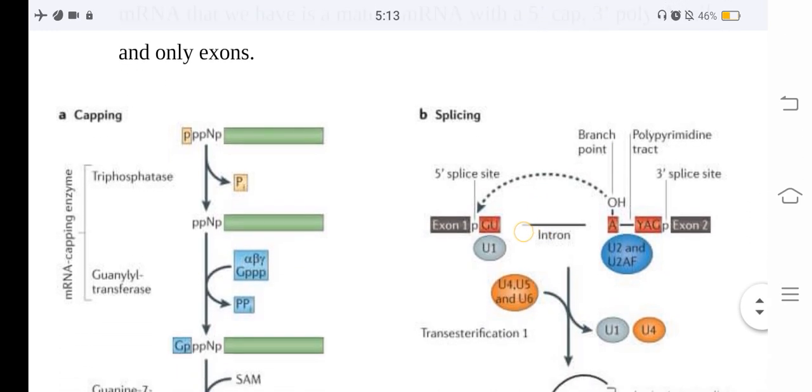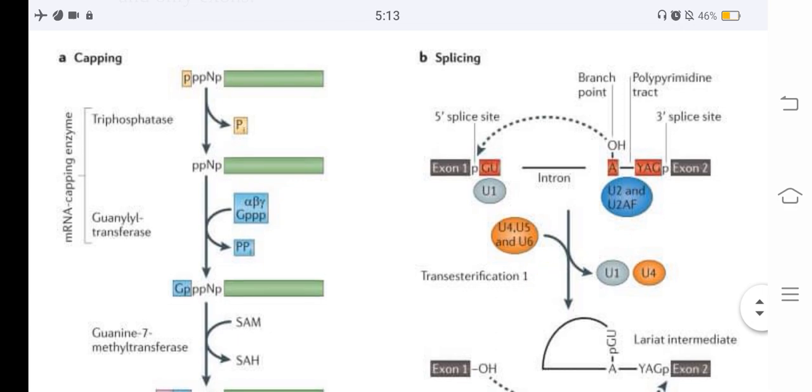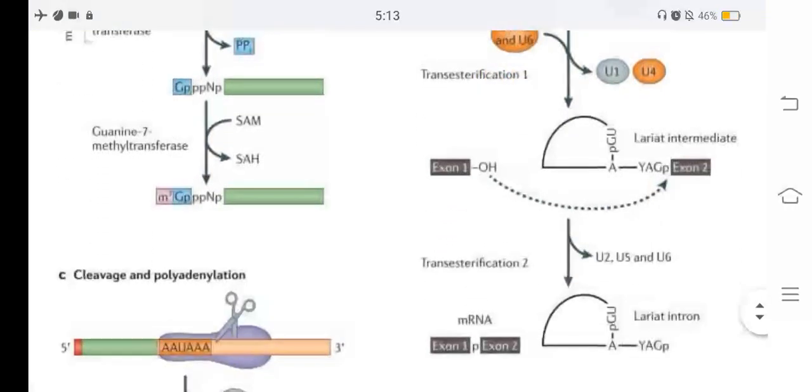So capping is here: mRNA capping enzyme, guanylyl transferase, guanine 7-methyl transferase, etc. Then splicing: splice site, exon, U1, intron, branch point, polypyrimidine tract, 3' splice site, transesterification.